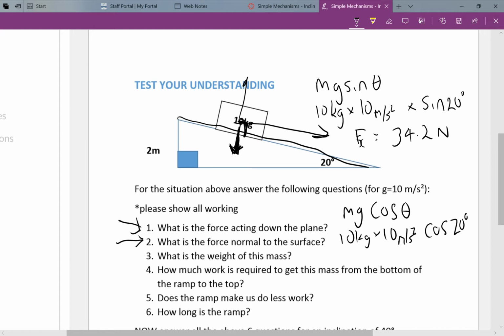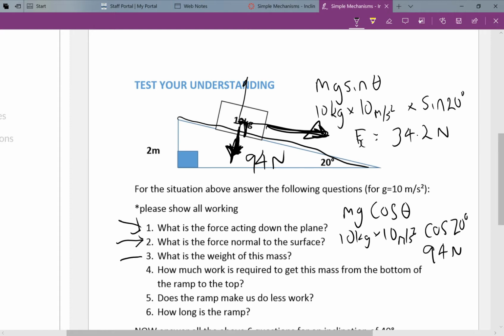And that answer, you should have gotten a value of 94 newtons. So we've got this way acting down the plane 34, and acting into the plane we have 94 newtons. So they're the two answers for 20 degrees.